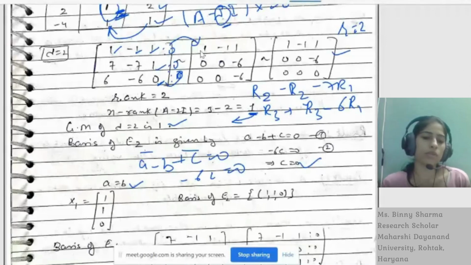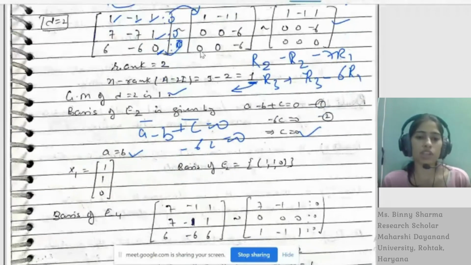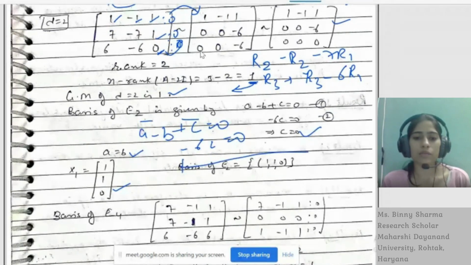So we find an eigenvector x1, that is (1, 1, 0), and this is the basis of E2. There is only one element in its basis because its GM is 1.